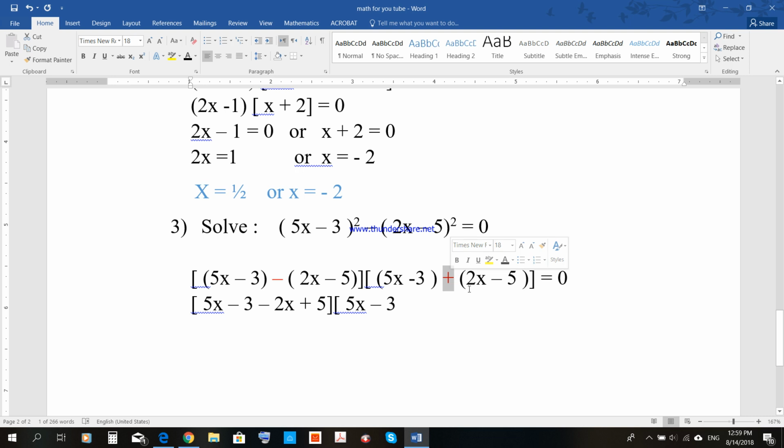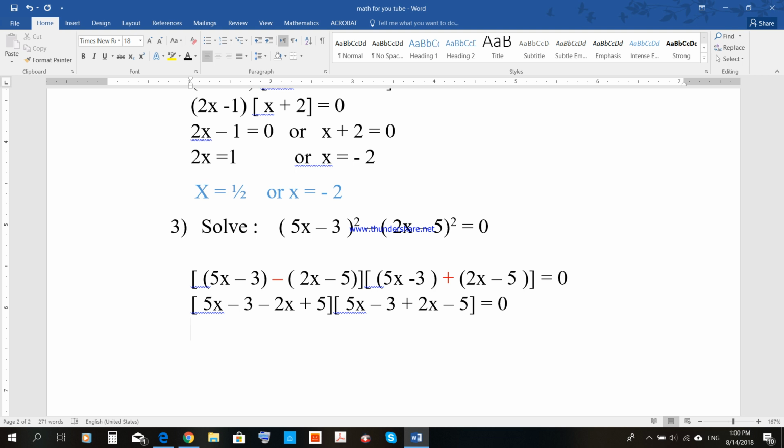To remove the parentheses, a plus does not change any sign in the parentheses. The signs remain the same. Plus 2x minus 5. We close the parentheses, equal to 0.